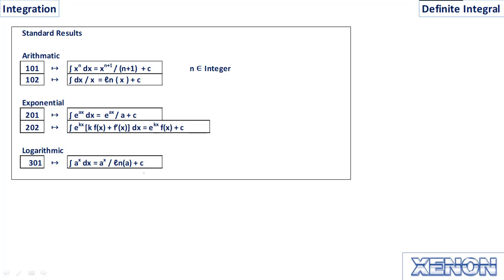Actually, integration is basically the inverse of differentiation, right? So actually we know that the differentiation of x to the power n plus 1 equals (n plus 1) x to the power n. So the inverse of differentiation is integration, right?